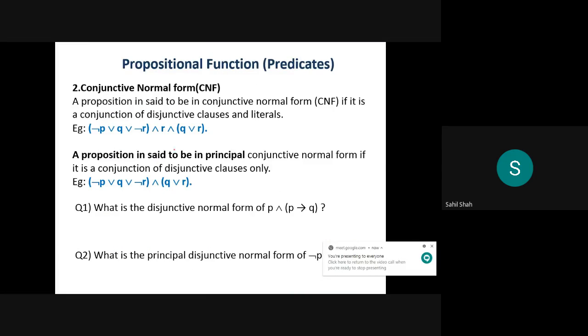Going ahead, the definition of conjunctive normal form: a proposition is said to be in CNF if it is a conjunction of disjunctive clauses and literals.